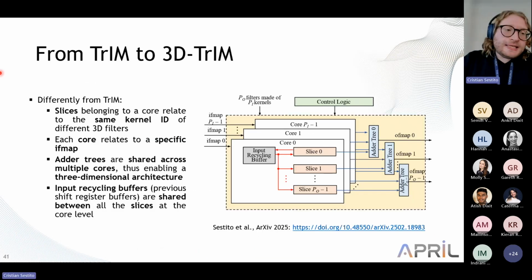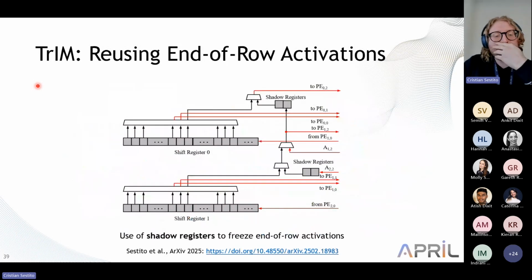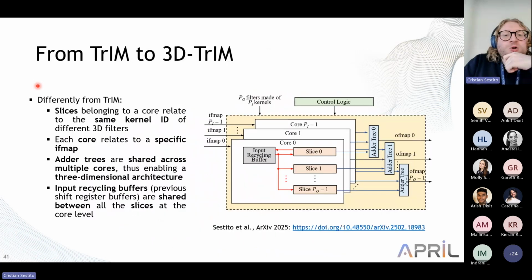Now, in this same round of research, other than proposing this type of buffer that we call the input recycling buffer, we also explored the layout of the architecture. In particular, we moved from a standard TRIM module to a three-dimensional TRIM module.